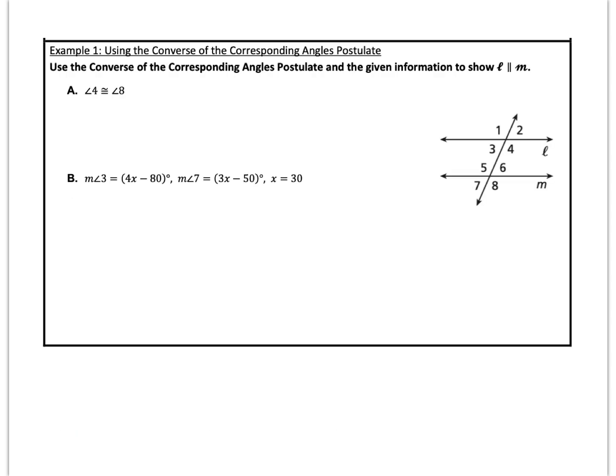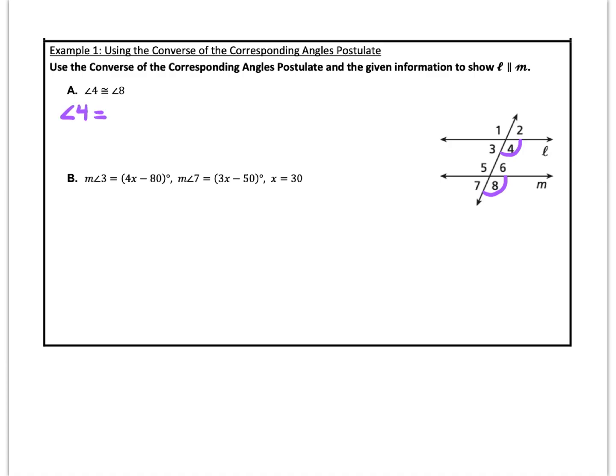For our first example here, we're going to practice using the converse of the corresponding angles postulate and the given information to show that line L is parallel to line M. Notice in our picture, we have 8 angles, and we're given here for this first one that angle 4 is congruent to angle 8. Notice that angle 4 and angle 8 are corresponding angles.